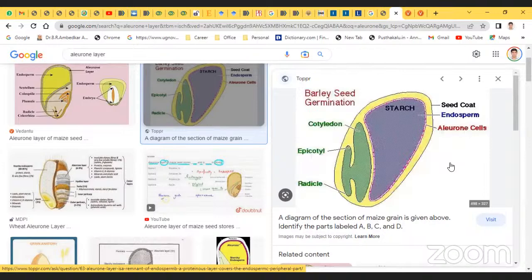The part of the embryonal axis below the level of cotyledons is called hypocotyl, and it develops into the radicle, the embryonic root.